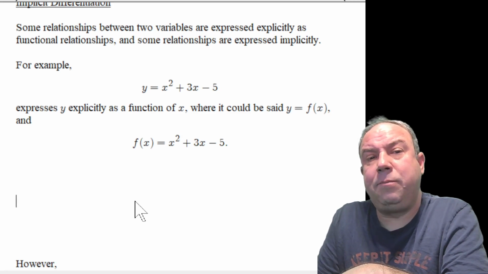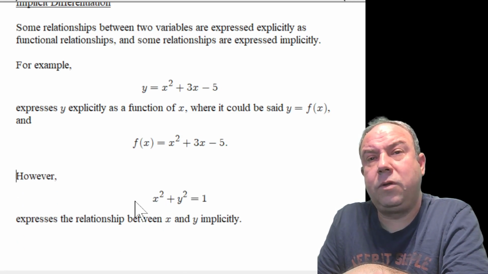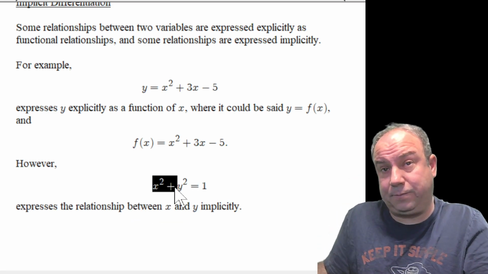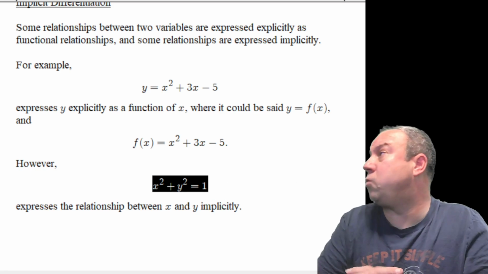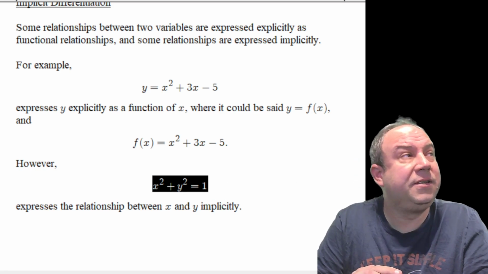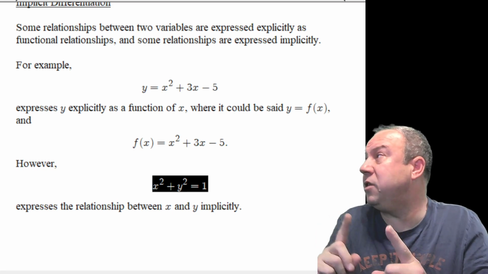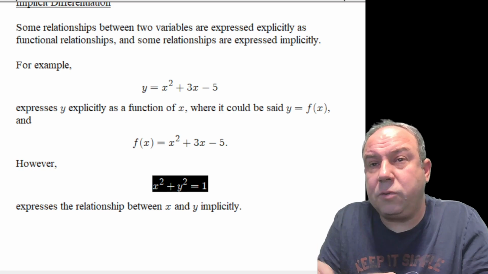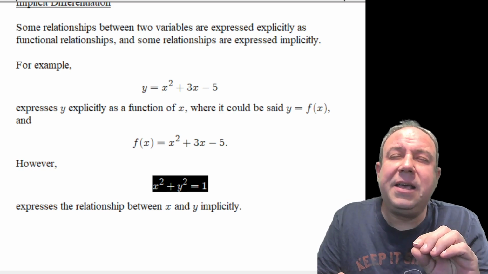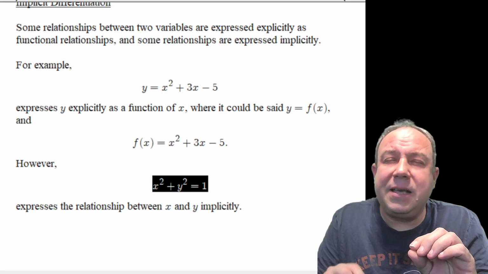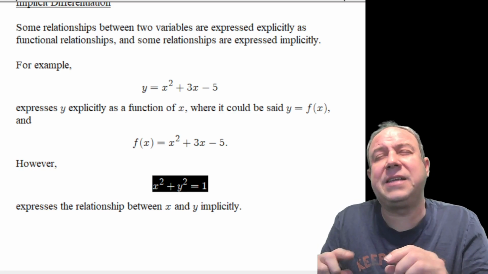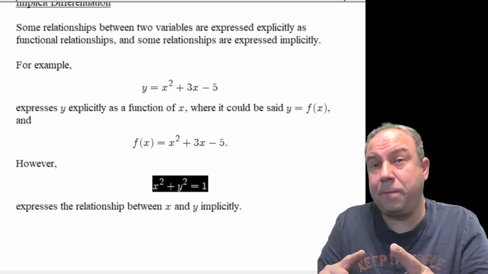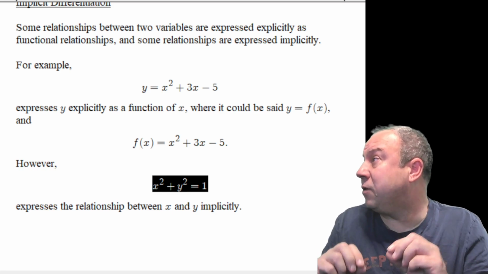Whereas what do we mean by an implicit relationship? Well, we might consider the relationship describing the unit circle. This relationship where x squared plus y squared equals 1. Here we have a relationship between the two variables x and y, but this relationship does not express the relationship between x and y explicitly as a functional relationship between these variables. The relationship here is rather implicit.